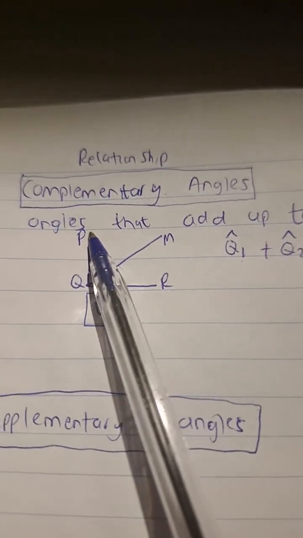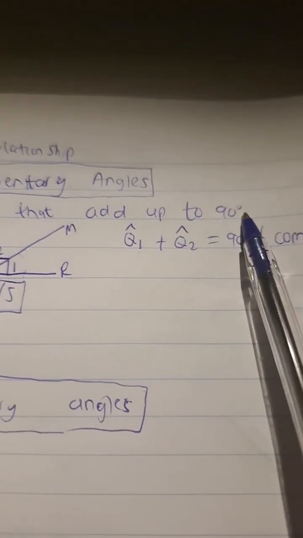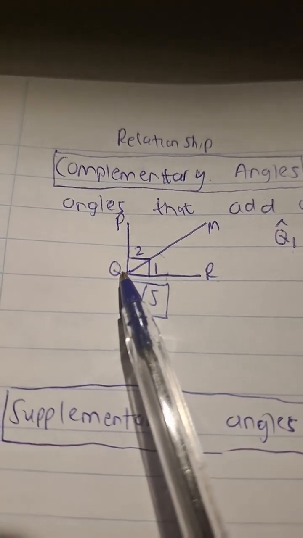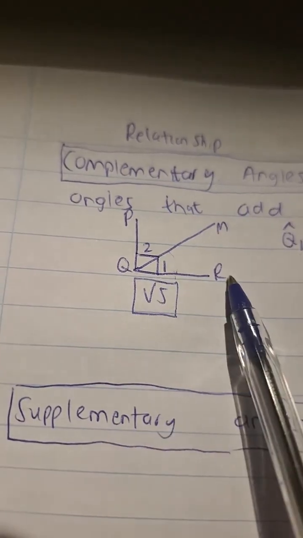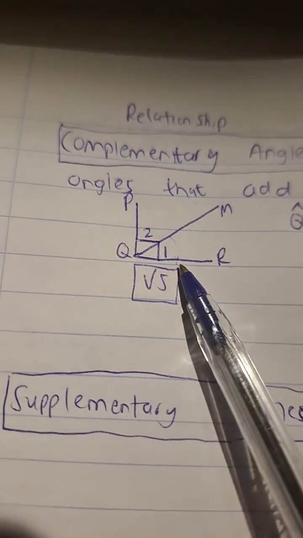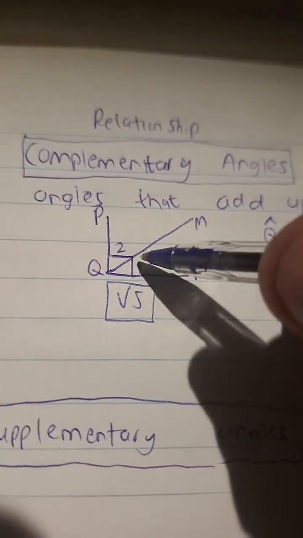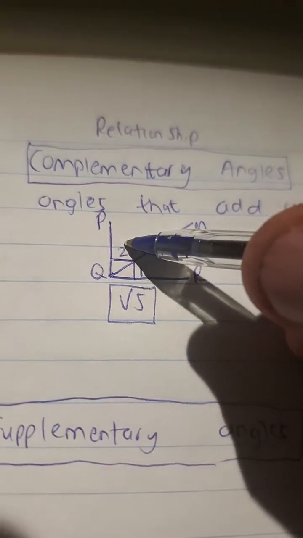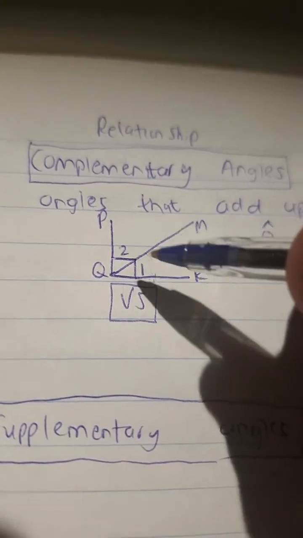But now to be specific about these angles that add up to 90 degrees, since we know that this angle of 90 degrees has been cut into two angles. One of our angles is angle Q1 and the other angle is angle Q2. But you know what?